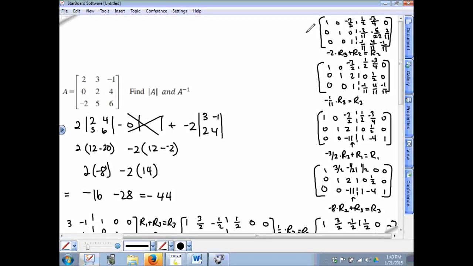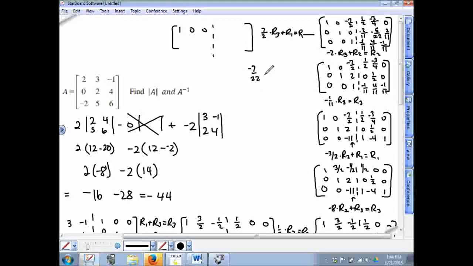And finally, this -7/2 right here needs to be a 0. So we're going to multiply row 3 by positive 7/2. So 7/2 times row 3 plus row 1 equals row 1. Seven halves times 0 is 0. 0 plus 1 is 1. 7/2 times 0 is 0. 0 plus 0 is 0. 7/2 times 1 is 7/2 plus -7/2 is 0. 7/2 times -1/11 right here is -7/22.